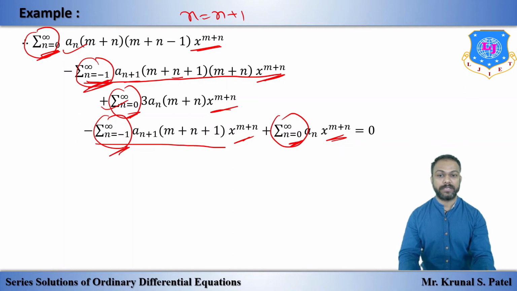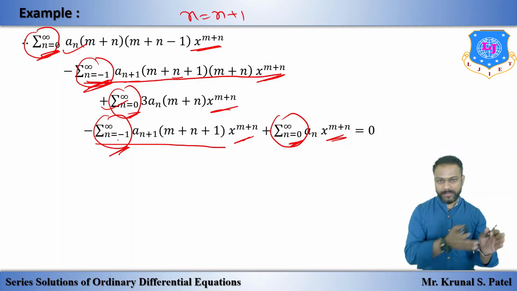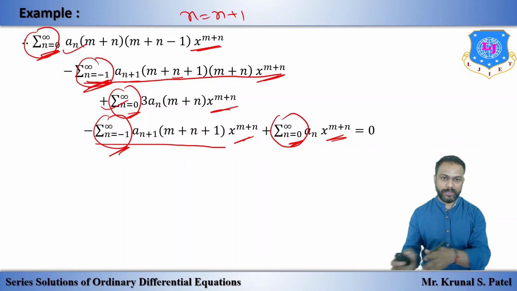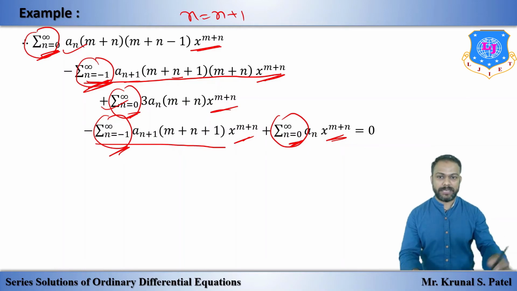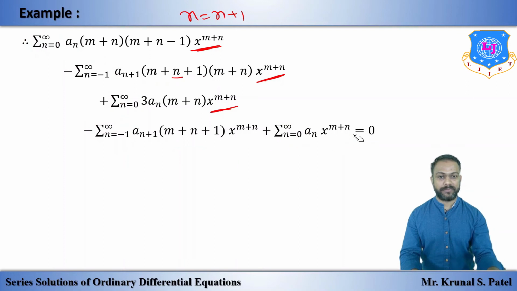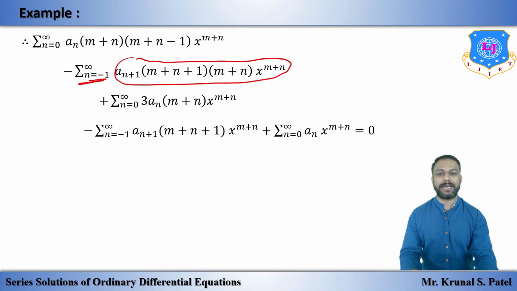Here this is minus 1. So minus 1 can go to 0, but 0 cannot go to minus 1, so we have to go to the larger number. So we'll put the first term as it is, second, third term as it is, fifth term as it is. But in the second and fourth term, we will put n is equal to minus 1 in this. Then we will start sigma n is equal to 0 with this entire step. So this step gives us two steps.